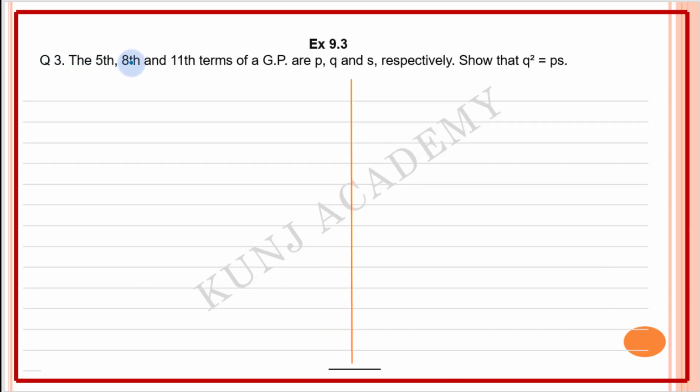Question: the 5th, 8th and 11th terms of a GP are P, Q and S respectively. Show that Q square is equal to PS.